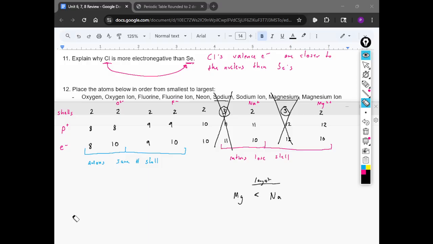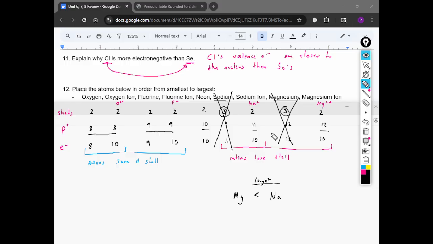All right, so let's take a look at the 2's now. There's a lot of 2's, so we have to compare their protons. Oxygen has 8, fluorine has 9, neon has 10, and then we've got 11 and 12. We just talked about how more protons make the atom shrink.